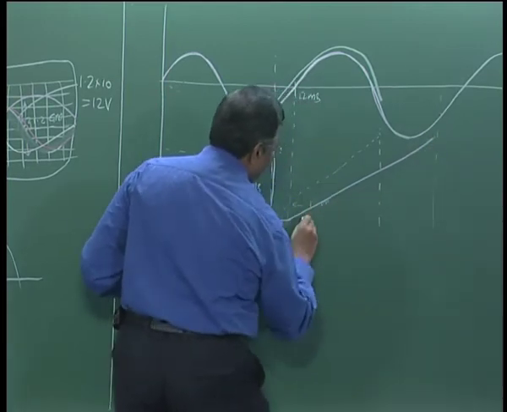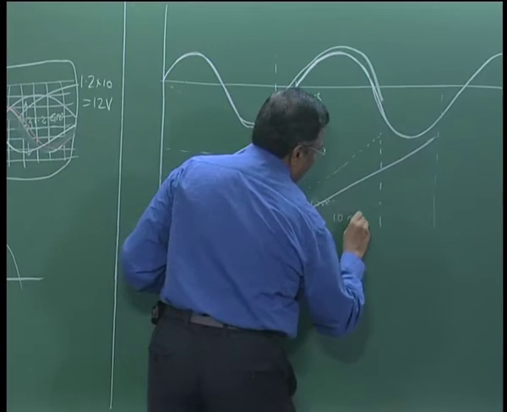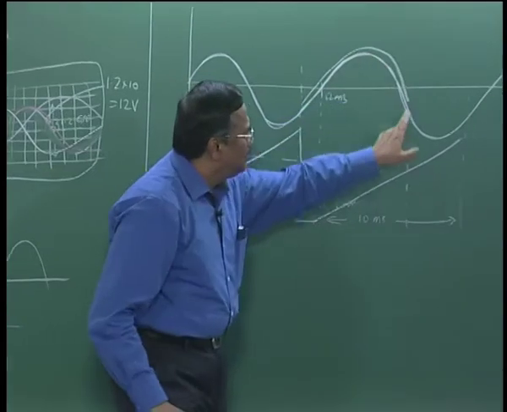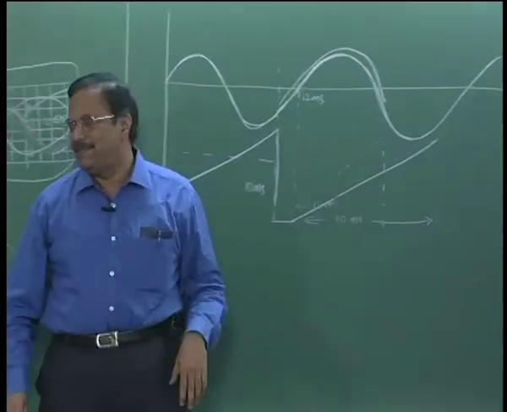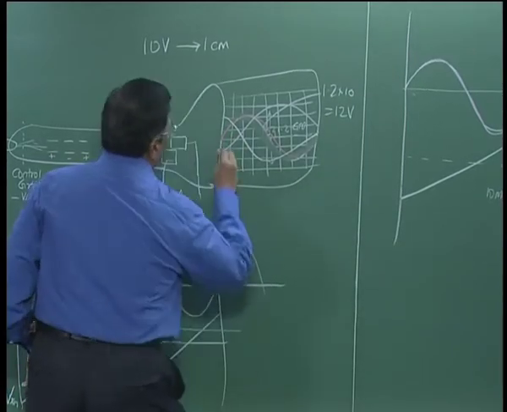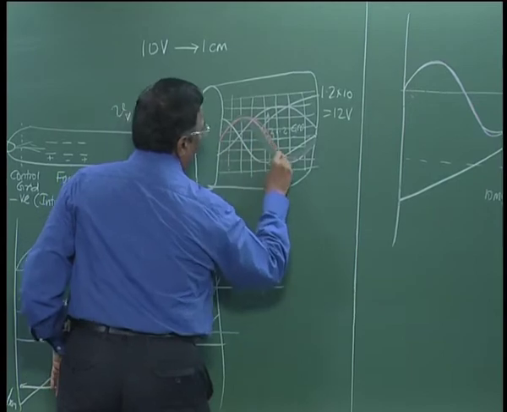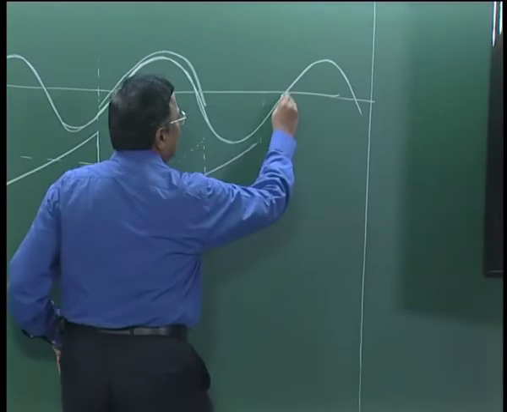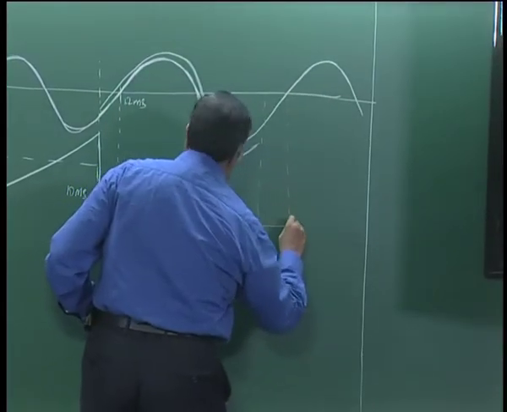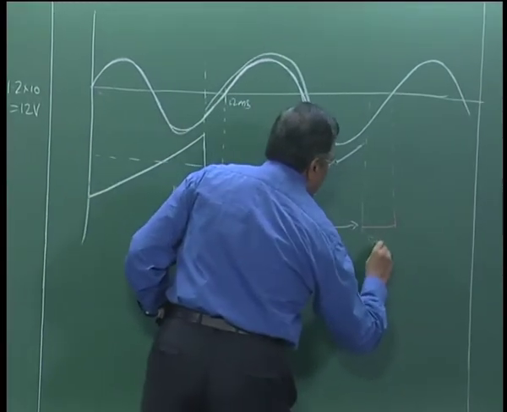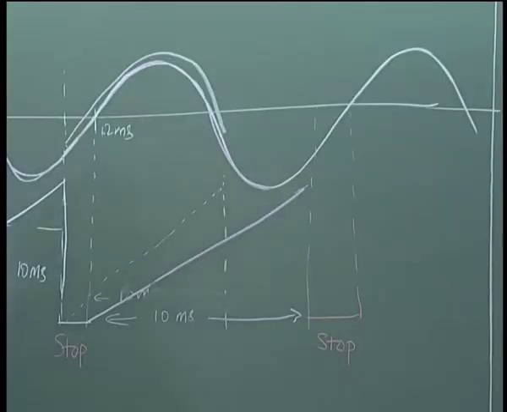So, my 10 millisecond starts here. So, now for the second sawtooth portion, second sweep also, I will have the same waveform. Similarly, when I go to the third, I again wait till I start, right. So, I stop here, I stop here on the sawtooth generator, right.